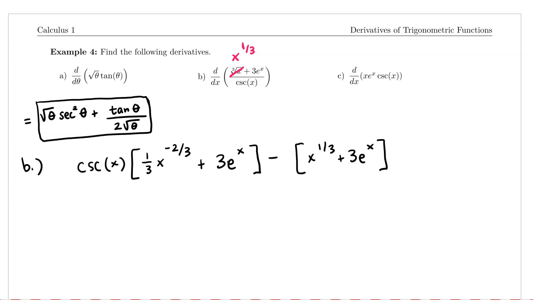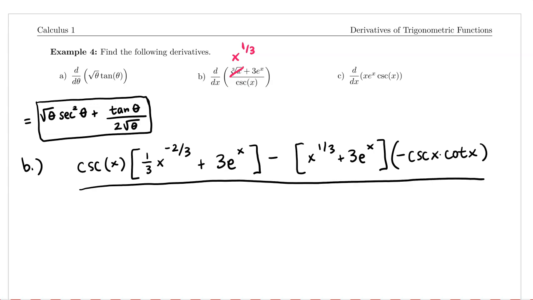So I told you to memorize this. If you didn't, go back and look at that purple table from above. And we have negative cosecant x times cotangent x. And then this is all over the bottom function squared. So that's going to be cosecant squared x.